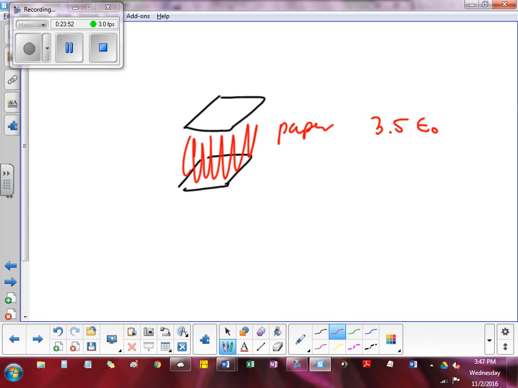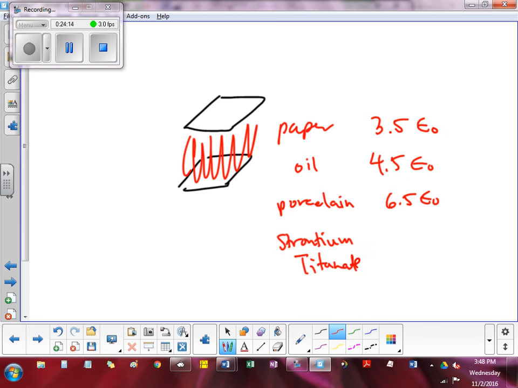If we put in a special oil, you can make it 4.5 epsilon naught. If you put in something like porcelain, you can get it up to like 6.5 epsilon naught. And if you put in something like strontium titanate, you can make it 310 times epsilon naught. Okay, now here's the thing.